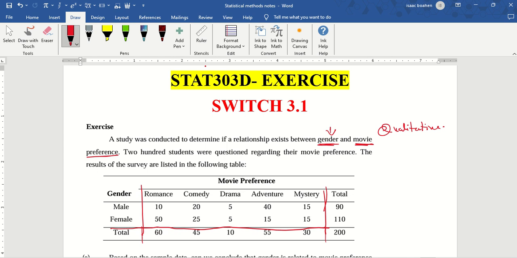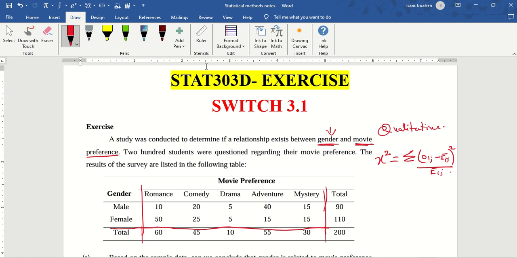And whenever you see qualitative data, the test we are going to use is the chi-square test statistic, which is giving us the summation of the observed frequency minus the expected frequency, all squared, divided by the expected frequency.